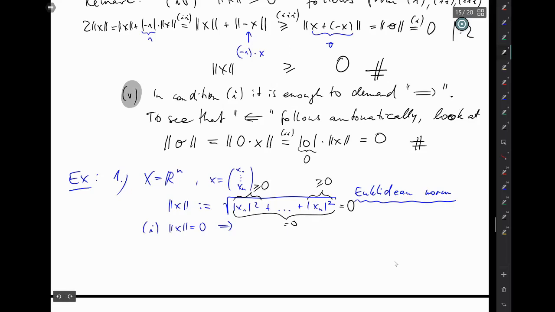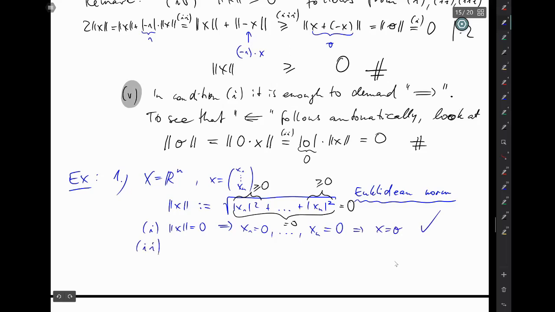And if the sum of these is 0, then every one of them has to be 0, because as soon as one of them is positive, there's no negative behind them that could compensate for that. So they all got to be 0, which means x1 is 0 up until xn is 0, which means your vector is the 0 vector. Okay, property 1, check.